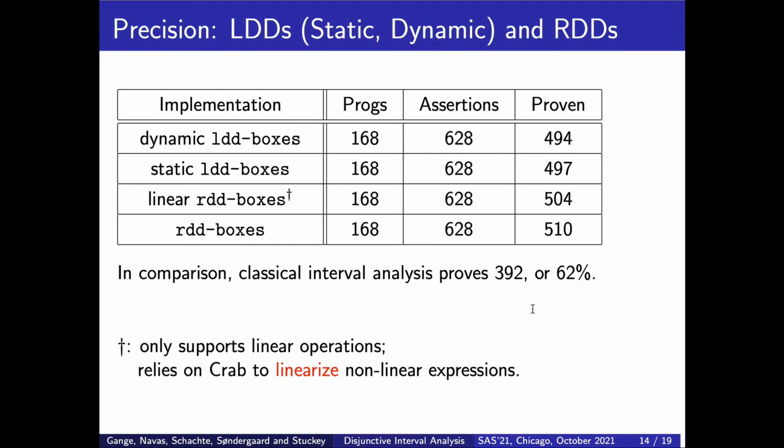And when we look at the precision and measure that in terms of how many of the assertions we can prove, well, out of 628 different assertions, dynamic LDD boxes are able to prove just under 500, and static LDD boxes just slightly more. With RDD boxes, we find that we can prove 510.